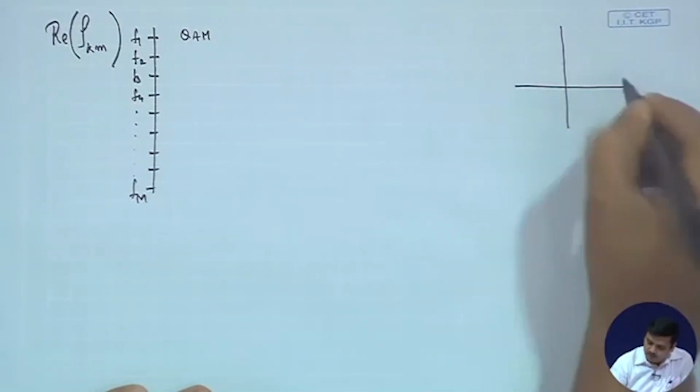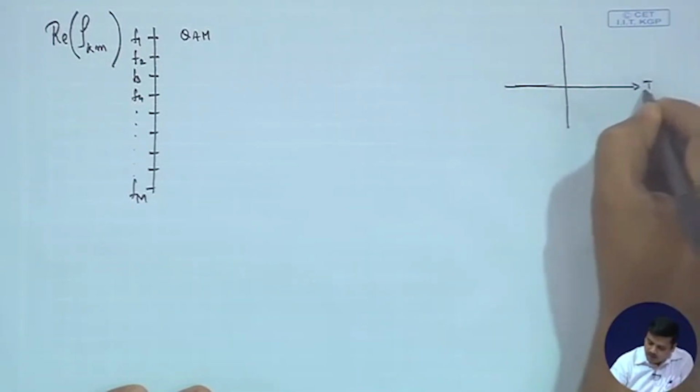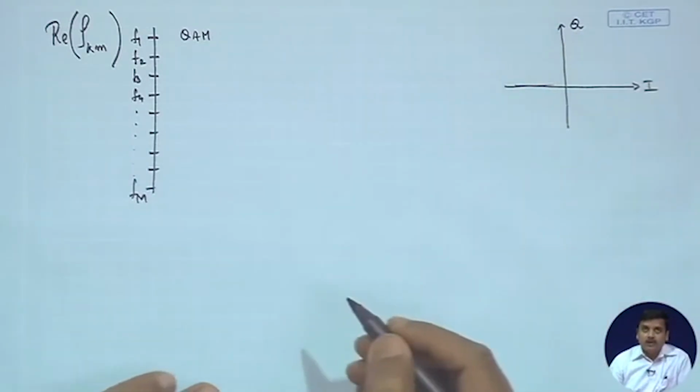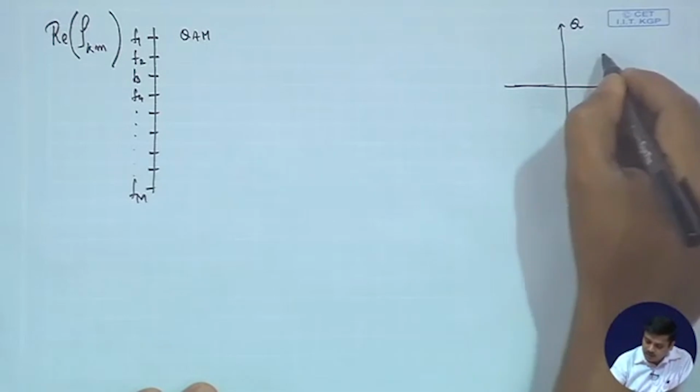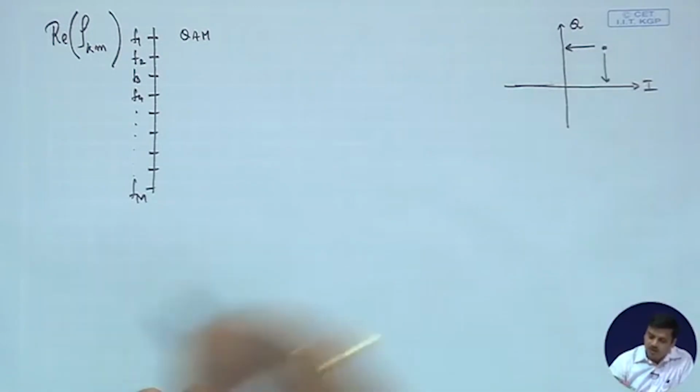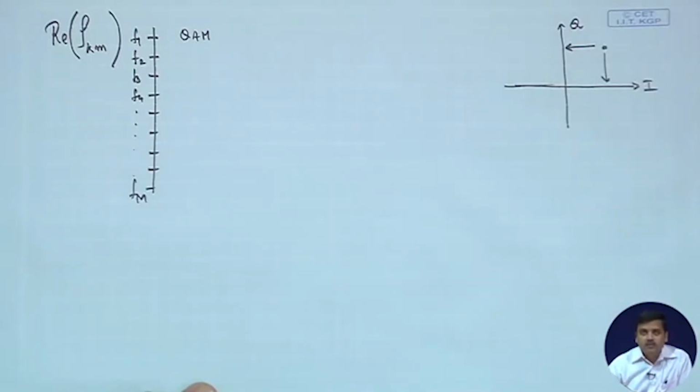because when you say QAM, the QAM signal has an I component as well as a Q component. That means, if there is a constellation point, you have the in-phase as well as the quadrature phase, that is, a real component as well as an imaginary component.